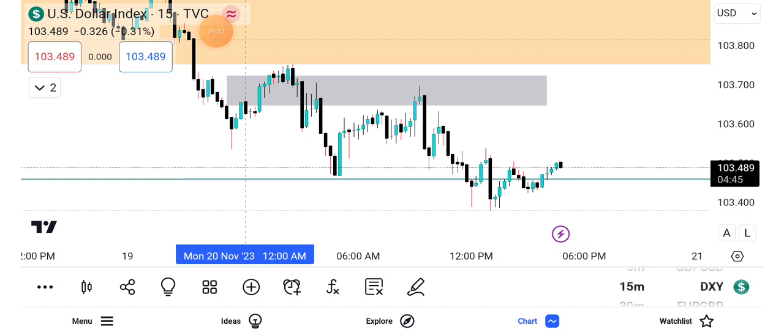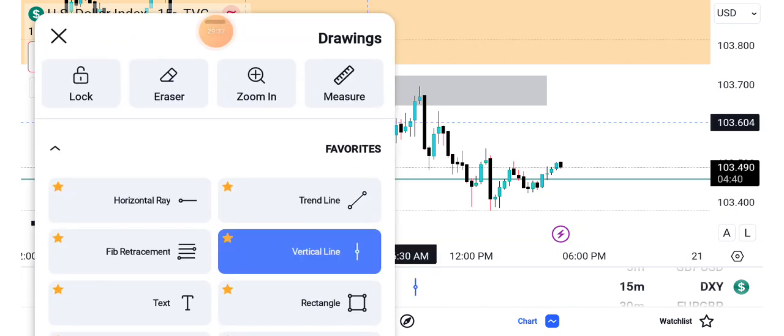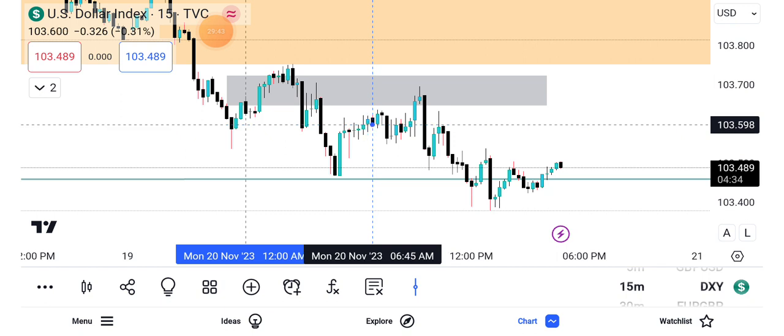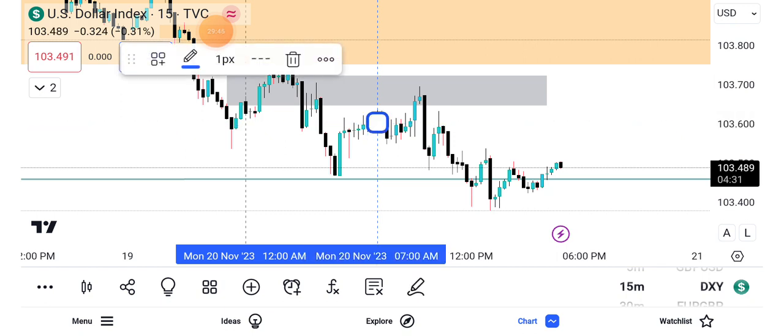If you go to the 15-minute time frame, we can see I trade New York time, so I'll mark 7 a.m. and see what happened today. Let me make it red.